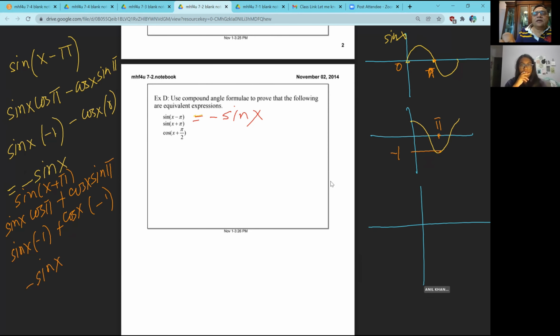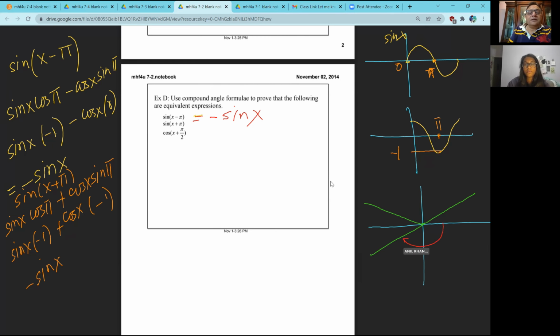What we are trying to say here is, if I have this angle, we're talking about sine of x minus pi. From x, we are taking away pi, so this is negative. If you reduce, you're coming to this side.